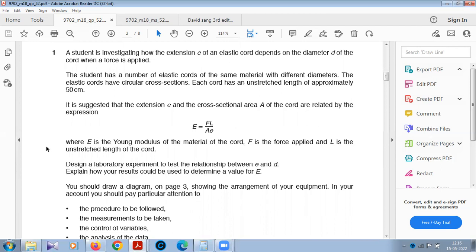So think what you will write in this experiment if the experiment comes like this.